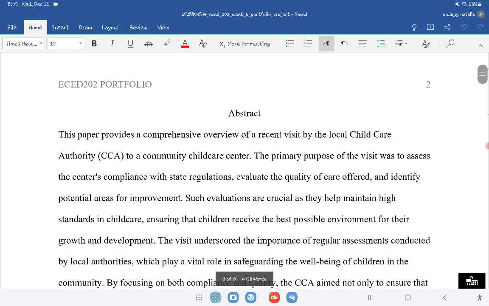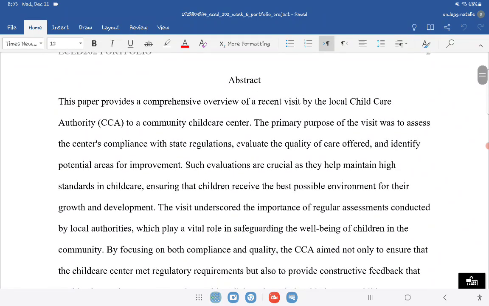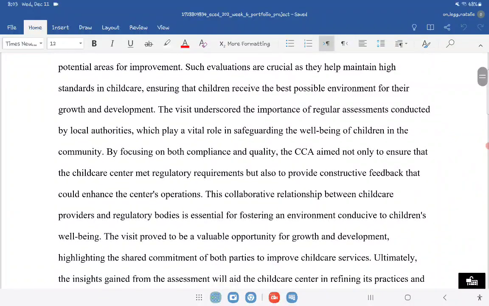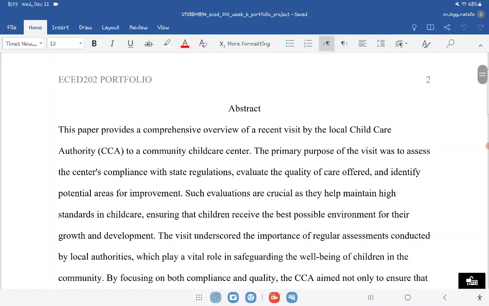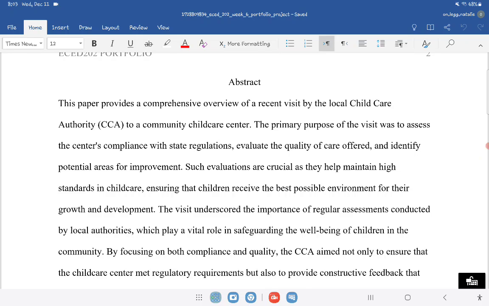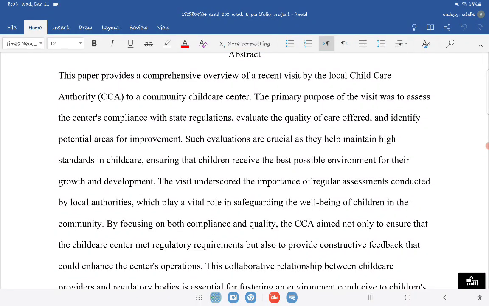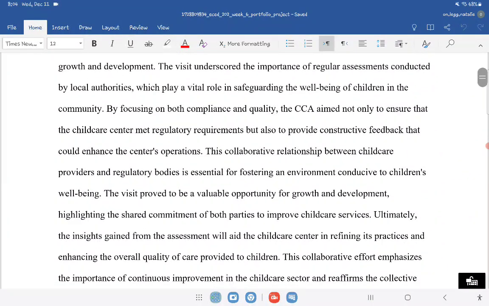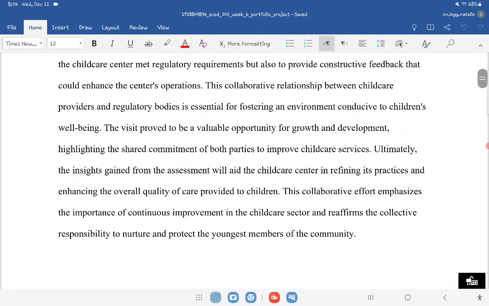So in this essay, we had a community child care center that was visited by a child care authority, and the authority went through and saw what was working, what wasn't working, and things we could change to make it better.